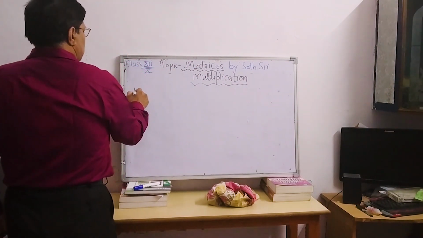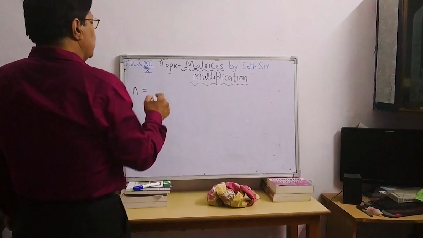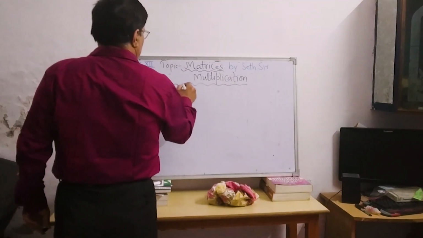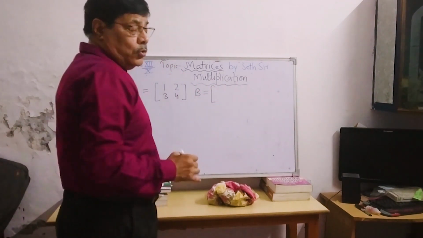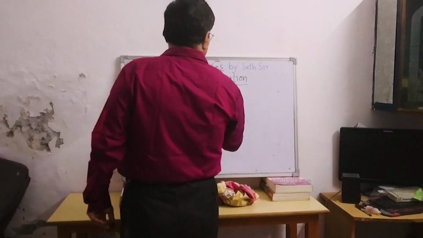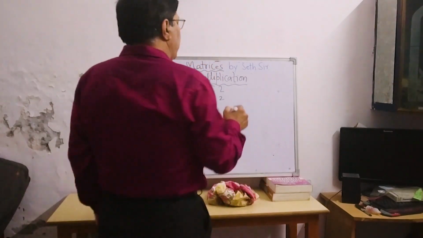Let us suppose two matrices are given to you. A is 1, 2, 3, 4. B is given to you 3, 2, 1, 5.